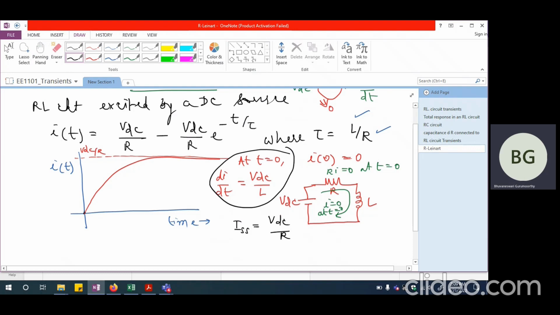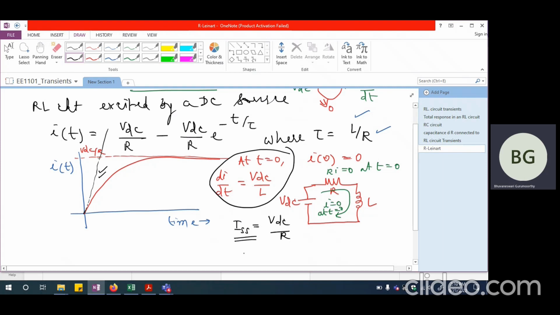If I retain the initial di by dt at the same value, the slope of this line indicates the initial di by dt. So if I had maintained the same di by dt value, how long would it have taken to achieve this steady state current?